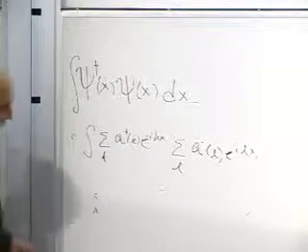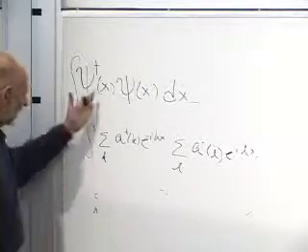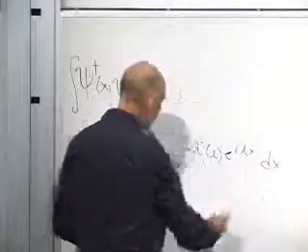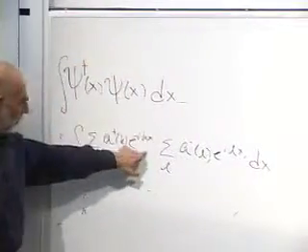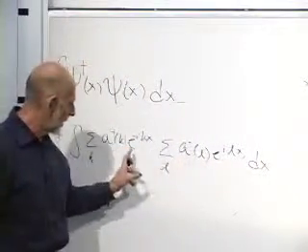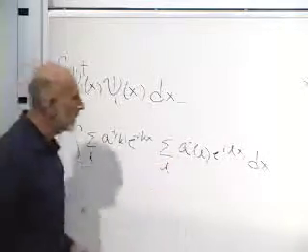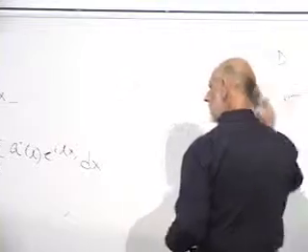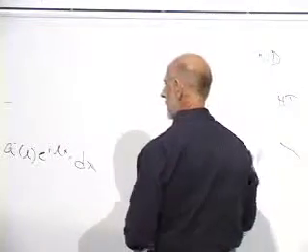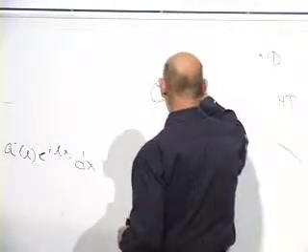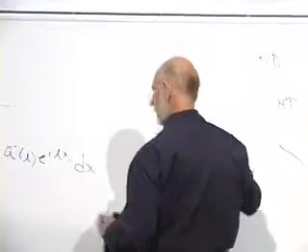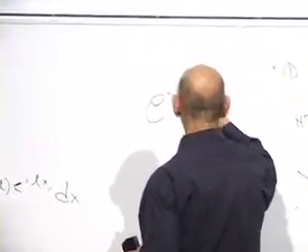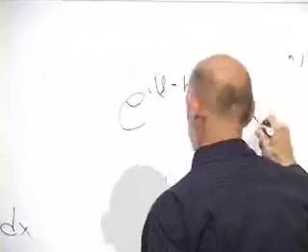Now, let's see if we can examine what that quantity is. This is the integral dx. The only x dependence here is in these coefficient functions. So what we really need to know is what the integral of e to the i(L minus k)x dx is.